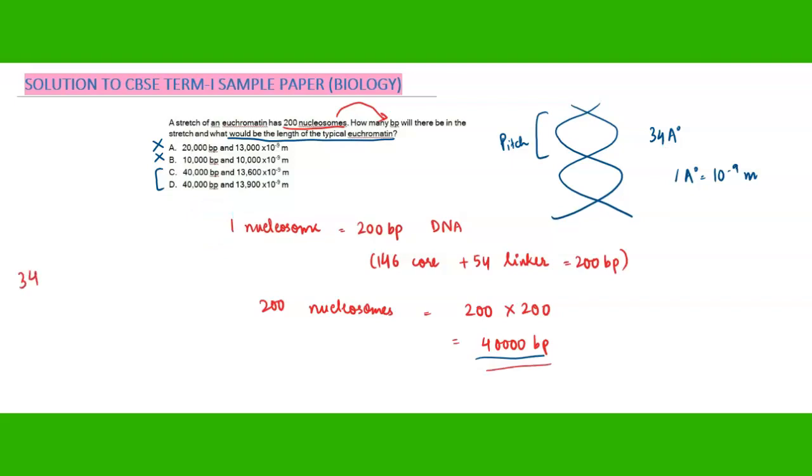So it would be 34 into 10 to the power, multiplied with 4 and 4 zeros. Okay, so you will get your answer as 13,600 into 10 to the power minus m, because here we have converted this value to m. So in this case, option C will be our right answer. In the question, they may also ask you how many base pairs are there in just 200 nucleosomes. So you may get one part of it also in the exam.